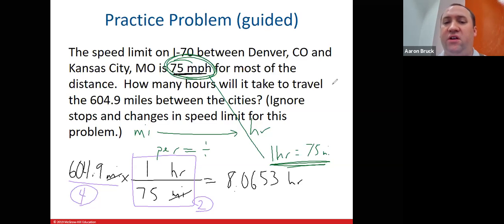How many significant figures do I need to round my time after the calculation to?